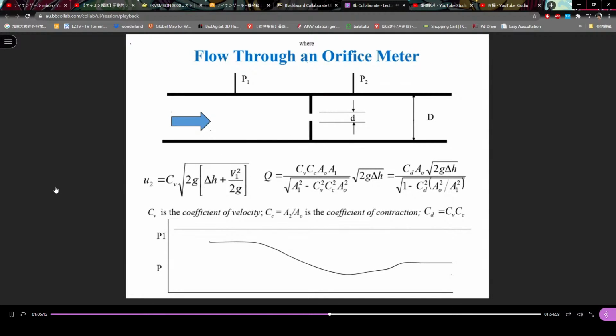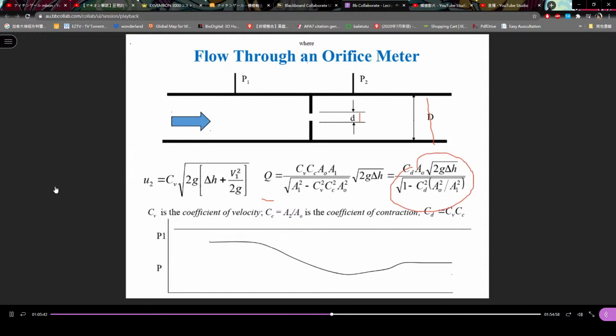For the orifice meter, we know the two diameters, and we can use the similar equation we have known before. See this equation. Remember this equation we have derived.